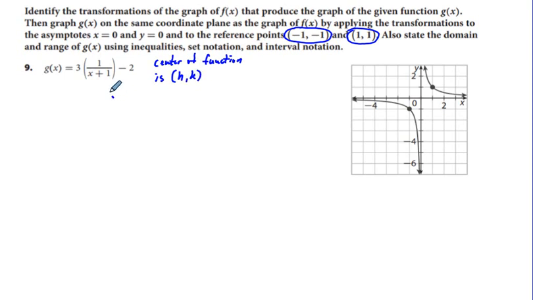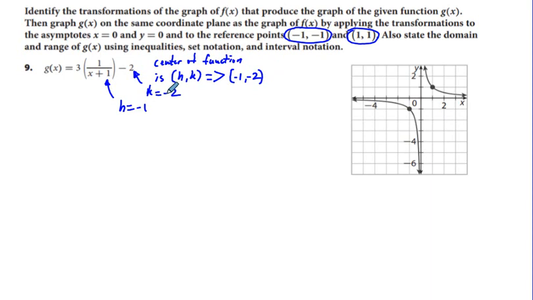And for this function, to get x plus 1 in the denominator, h has to equal -1, and then k is going to be equal to -2. And so in this instance we have, for our center, the coordinate pair -1, comma, -2.